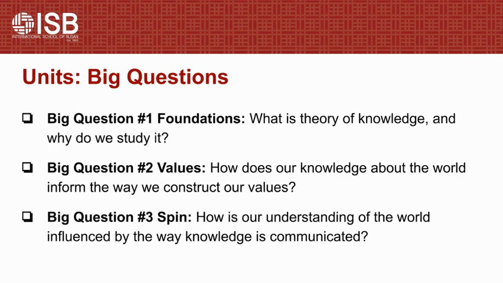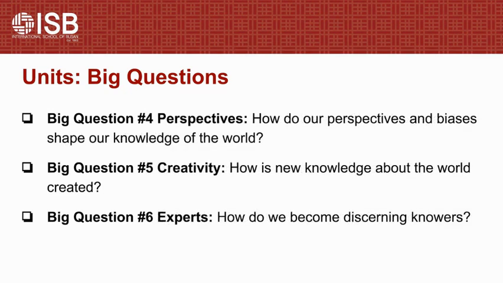Big question 3, spin, focuses on how is our understanding of the world influenced by the way knowledge is communicated? I can communicate that 9 out of 10 dentists recommend Colgate, but is that true? Of course not. It's spin. Big question 4, perspective, addresses how do our perspectives and biases shape our knowledge of the world?